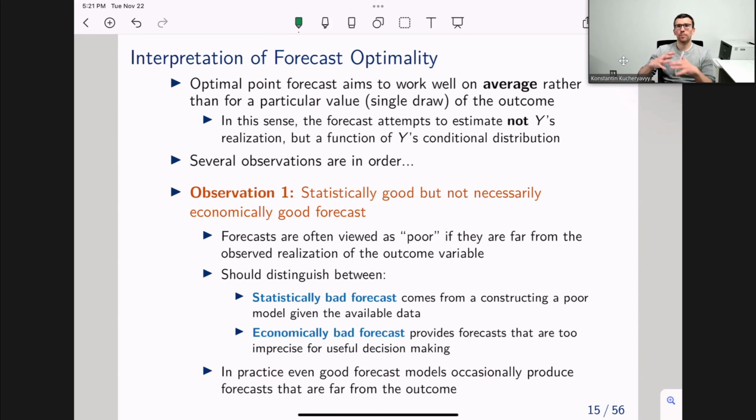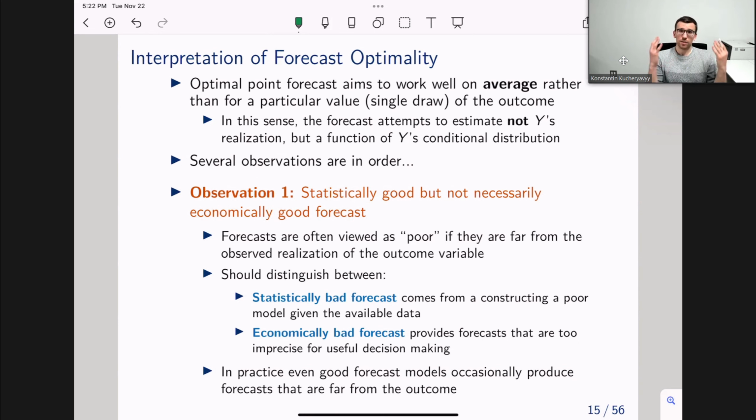Or if you want to go beyond the economics, we should be talking about statistically good predictions and useful predictions, I guess. So the useful predictions are the predictions that give, just intuitively, a value of the outcome that is not far away from the realized value ex post.